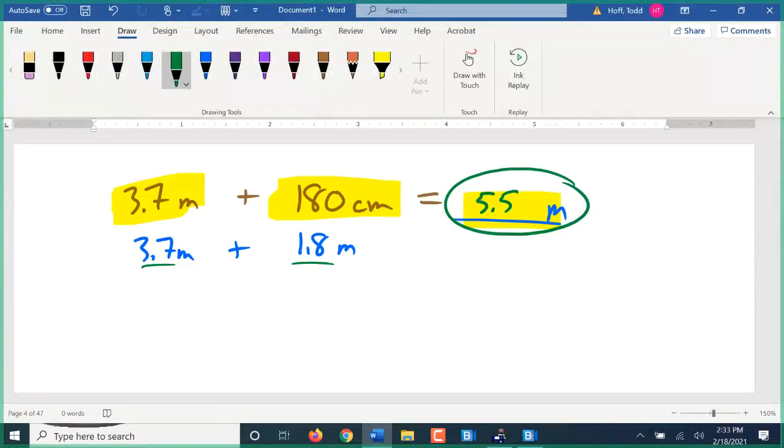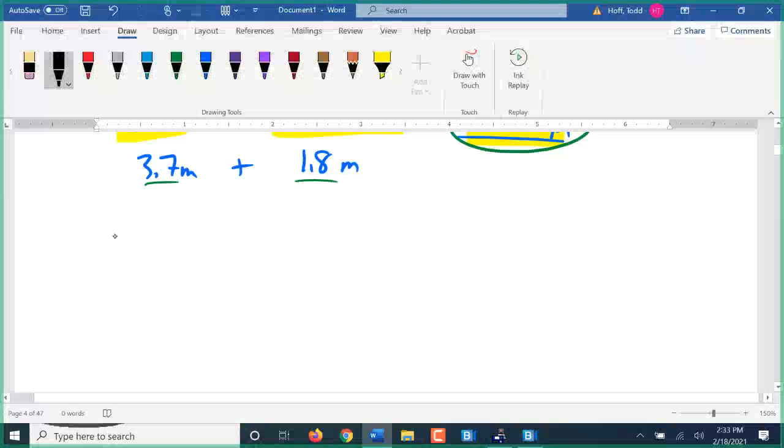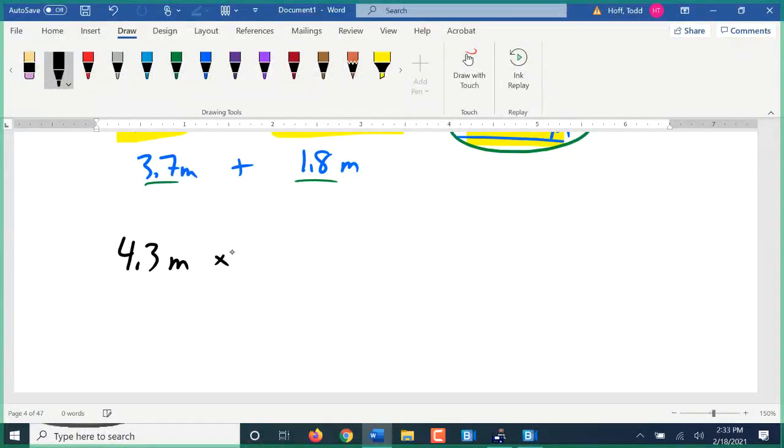So in the metric system, that is all it comes down to, getting the units into the same unit, whatever unit you desire your answer to be. If I am multiplying 4.3 meters times 240 centimeters, I might look and see that I want my answer here to be in centimeters squared.